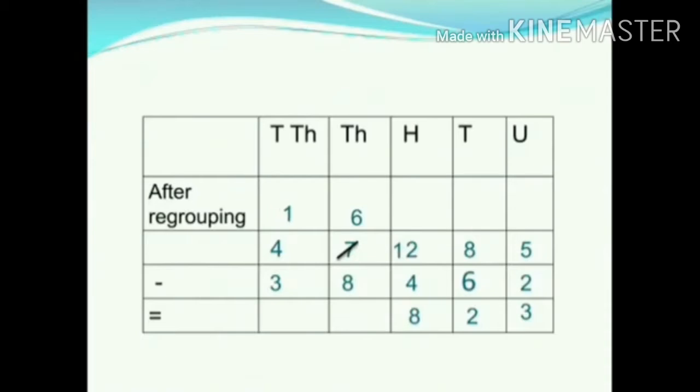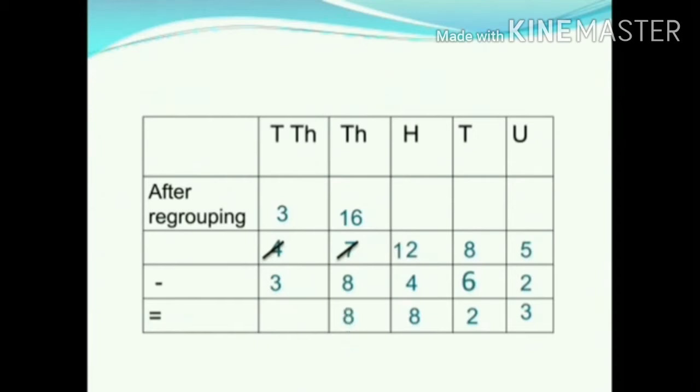Thousands place can be written as 10 thousands plus 6 thousands equal to 16 thousands. After borrowing 1 ten-thousand to thousands place, ten-thousands place is left with 3 ten-thousands. Now subtract the thousands place digits. They are 16 minus 8 equal to 8. Write 8 in thousands place.